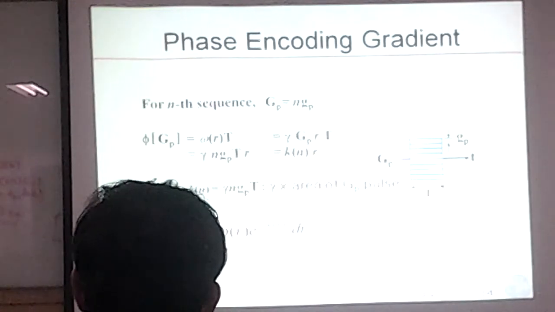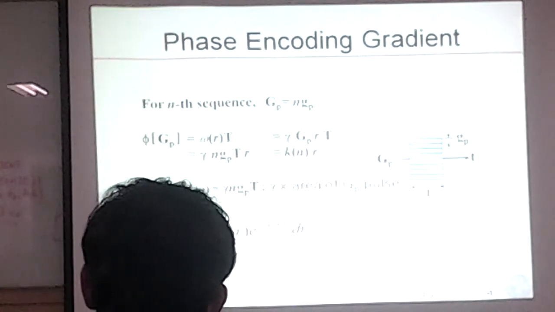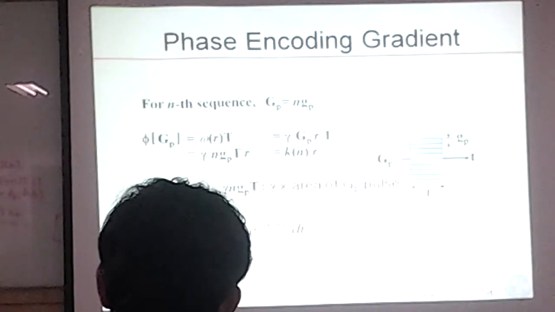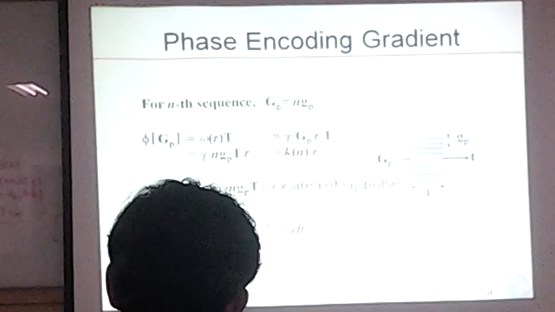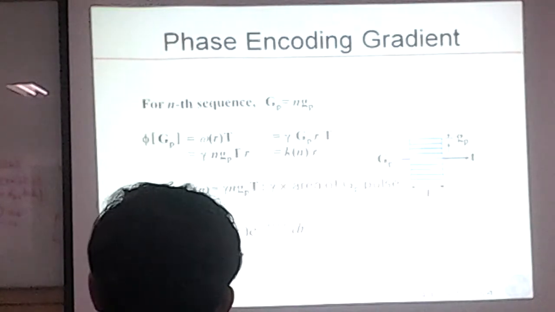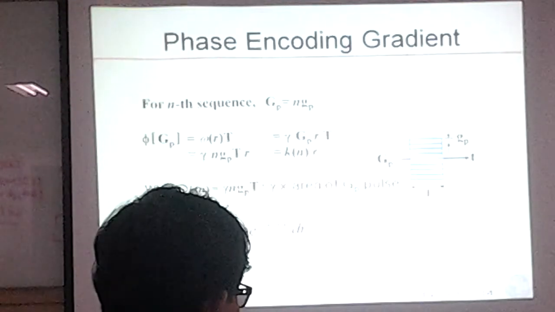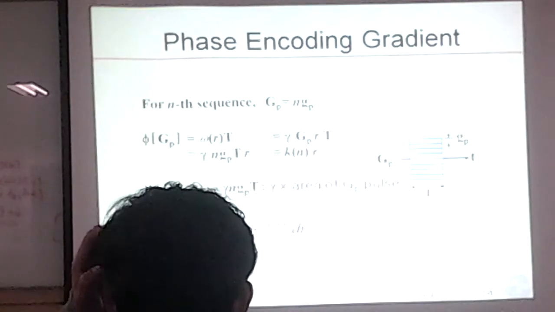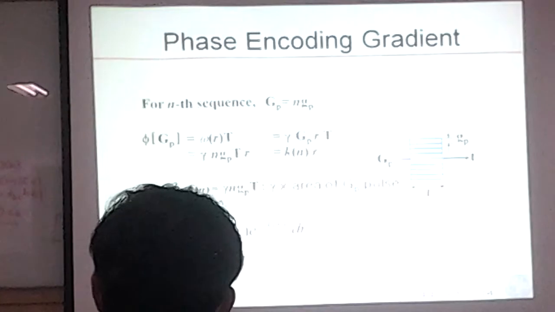So this is a very familiar equation of Fourier transform, right? But the Fourier transform variables are K and r. Usually, the usual variables of Fourier transform are frequency and time, right? But this is the imaging equation.